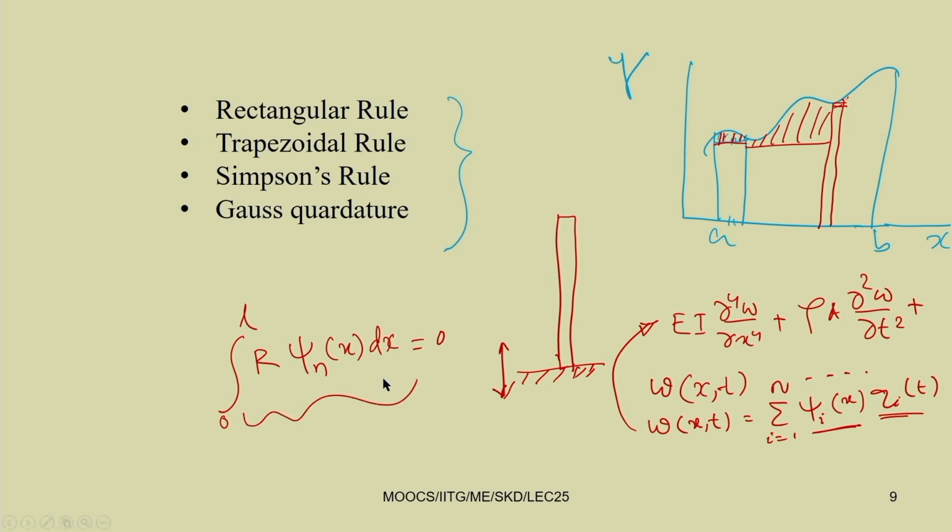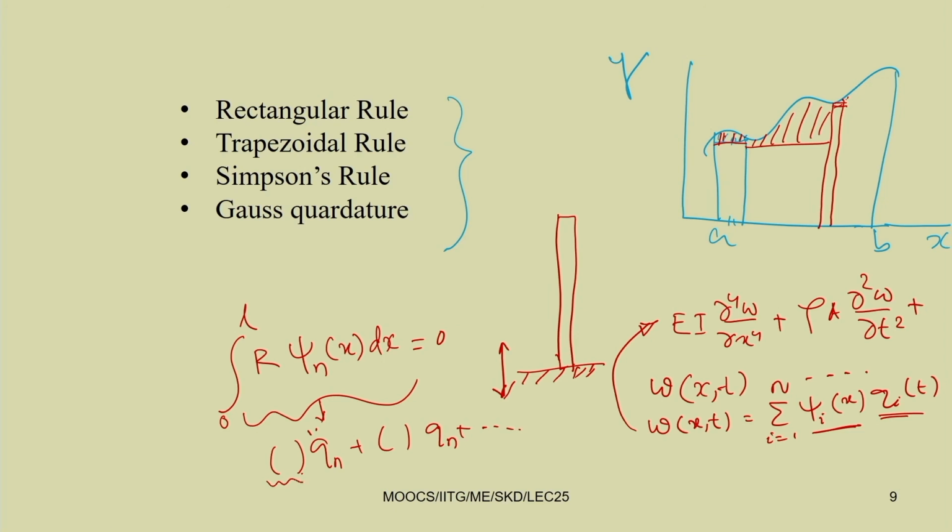So, while performing this integration, this term can be written as something into q double dot q n double dot plus, if I take only these two terms, q n. So, plus other terms will be there.